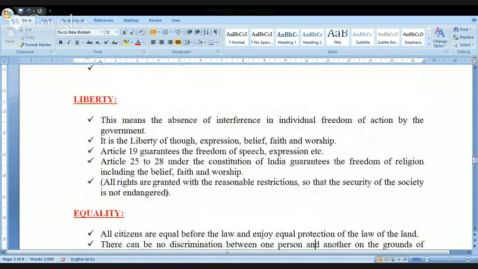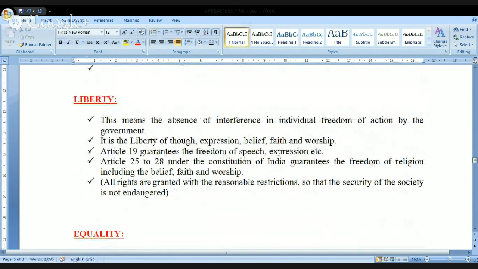This is liberty. When I'm using the word liberty, look at this. We have five words here: liberty of thought, expression, belief, faith, and worship. Liberty in the sense of absence of interference in individual freedom of action by the governments.